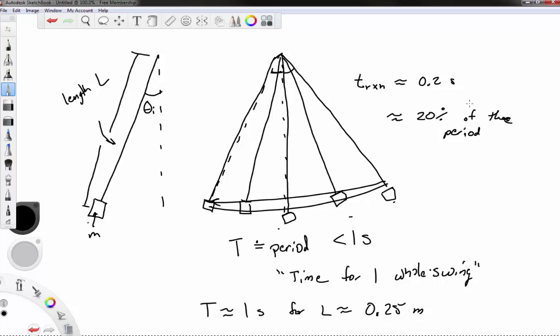So in a sense, you have this reaction time on both sides of the period. So depending upon how lucky or unlucky you are and how good your reaction time is, this could actually be as big as a 40% error for a 0.2 second reaction time on both sides.